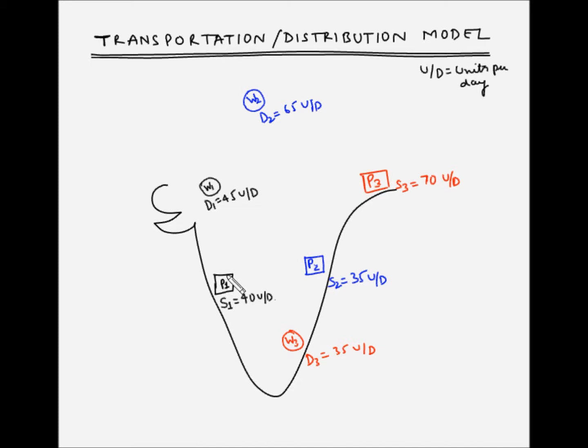So with this information you can calculate the unit cost for transporting the material, and that will be 20 rupees divided by 10 units, which will be 2 rupees per unit. So let's say the cost per unit for transporting fans from P1 to W1 is rupees 2 per unit.